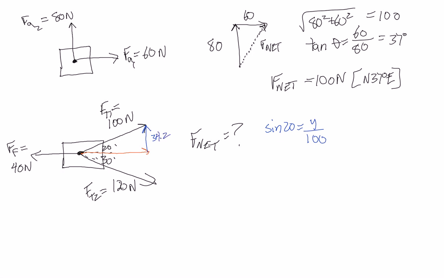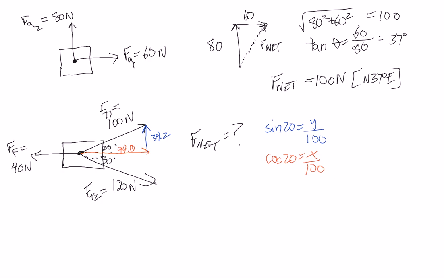Then we want to calculate the same thing, but with cosine. So cosine 20 equals x over 100. And that one is 93.96, so we'll round that up to 94.0. Okay, so we've got our two components for that 100 newton force.